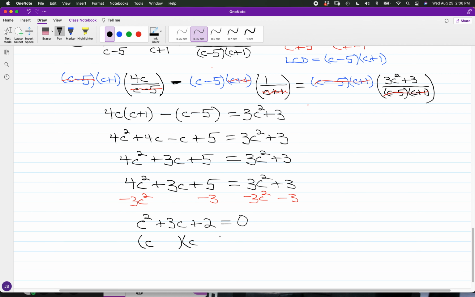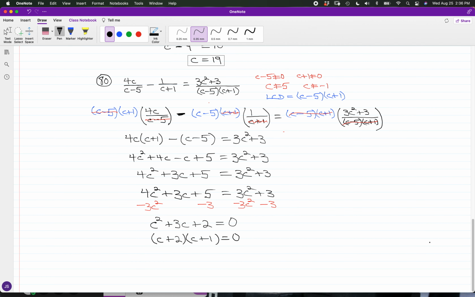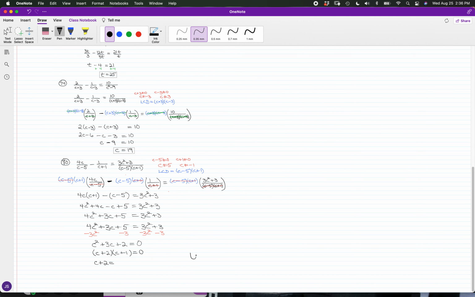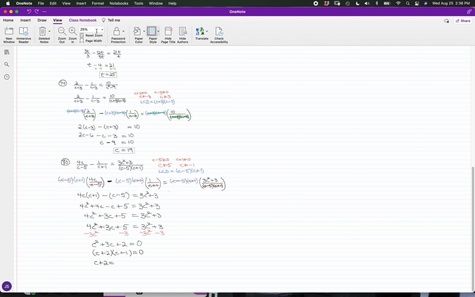I can factor. Factors of 2 that will add up to 3: you can see we have c plus 2, c plus 1. Now 2 times 1 is 2, and 2 plus 1 is 3. Now we're entering the phase of applying the zero product property, so I can set each of the factors to 0.